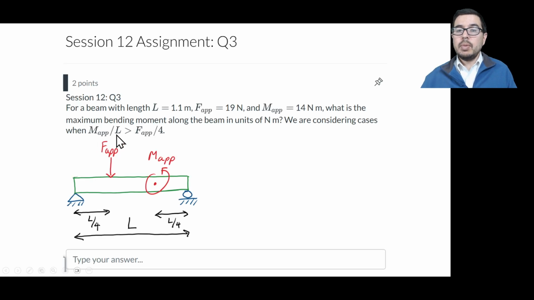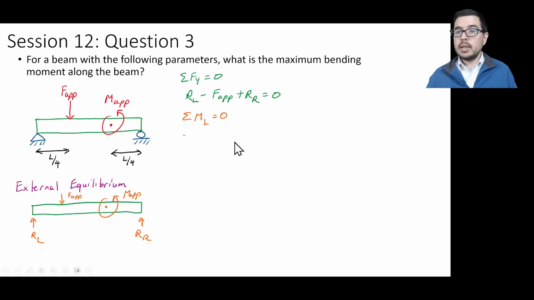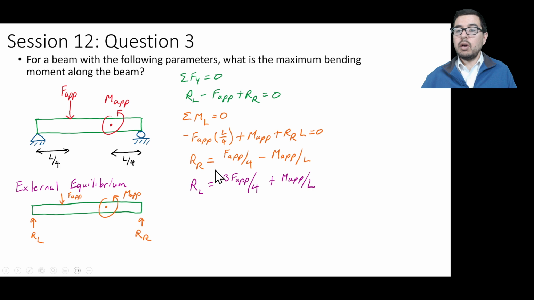Just a note: we said that MAP over L was going to be greater than FAP over 4. What that means is that this value for RR is going to end up being negative, so this is actually pulling down. Yes, it is a roller, so maybe we're suspending reality slightly, but this force would be negative in value.